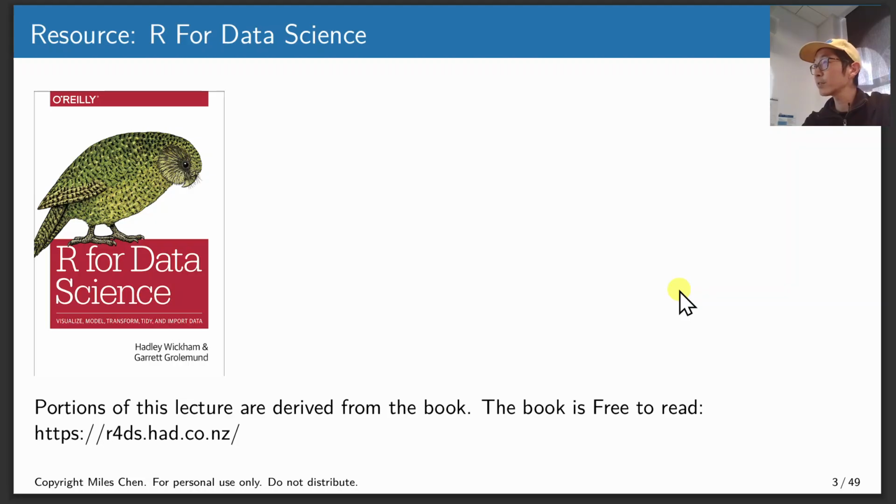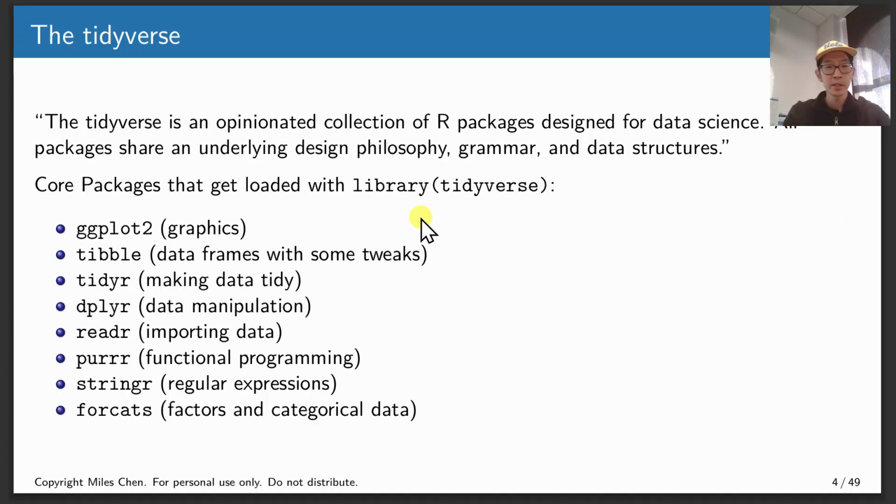A lot of this stuff comes from this textbook called R for Data Science. You can read it for free in your browser at this address. Highly recommended. The Tidyverse describes itself as an opinionated collection of R packages designed for data science, and all the packages share an underlying design philosophy, grammar, and data structures.